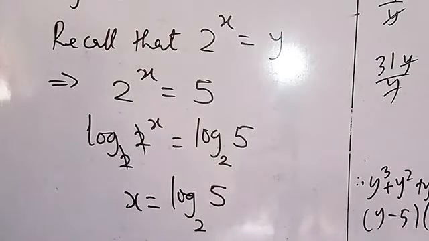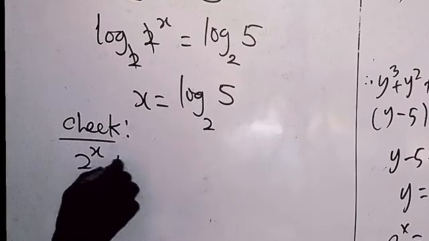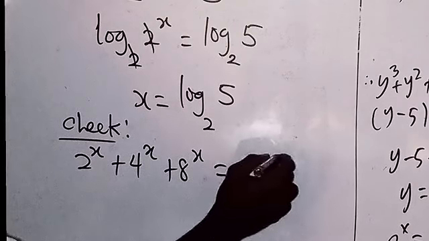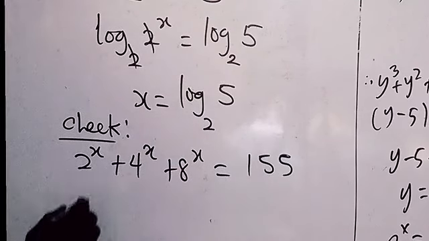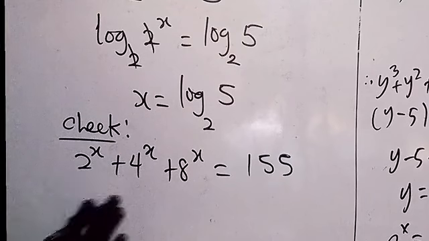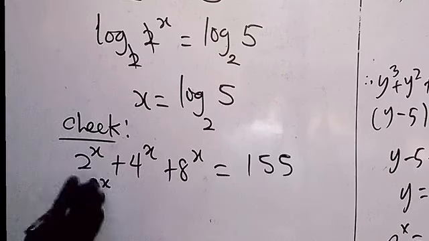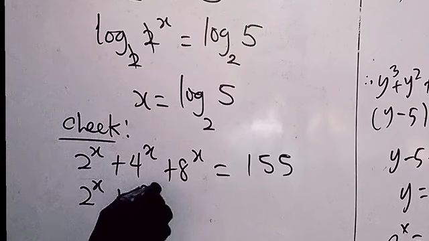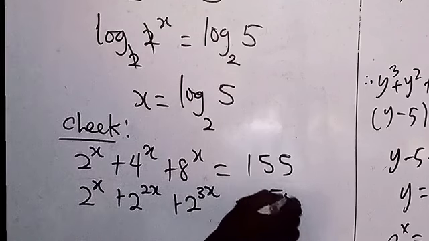But can we do the check? If we check this, we have 2 to the power of x plus 4 to the power of x plus 8 to the power of x equals 155. Before that, we can simplify this by having 2 to the power of x, plus 2 to the power of 2x, plus 2 to the power of 3x, equals 155.